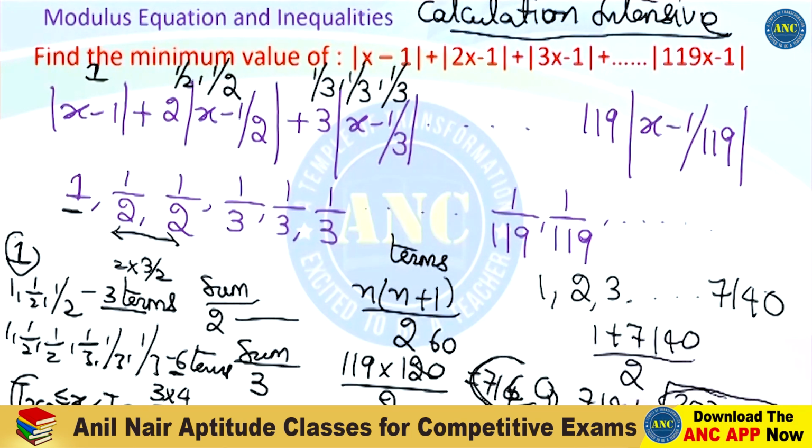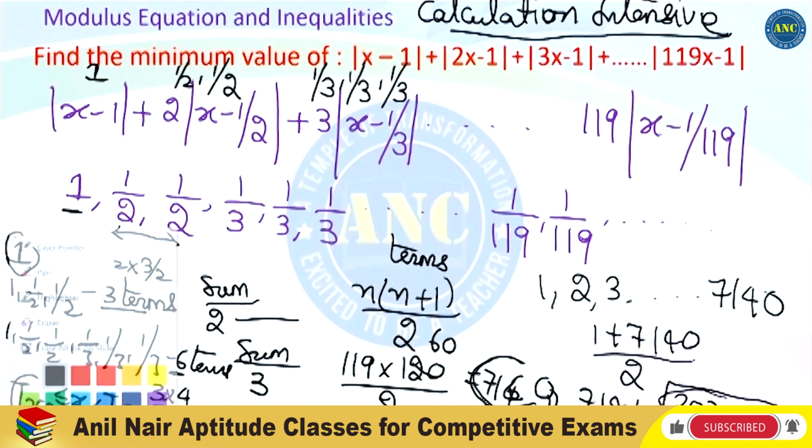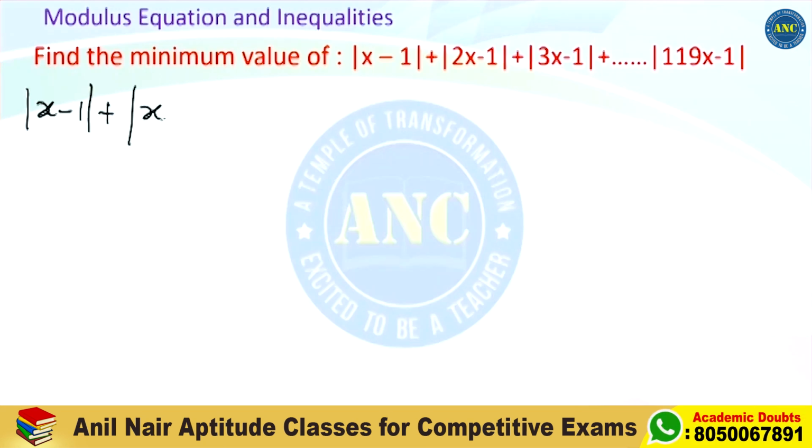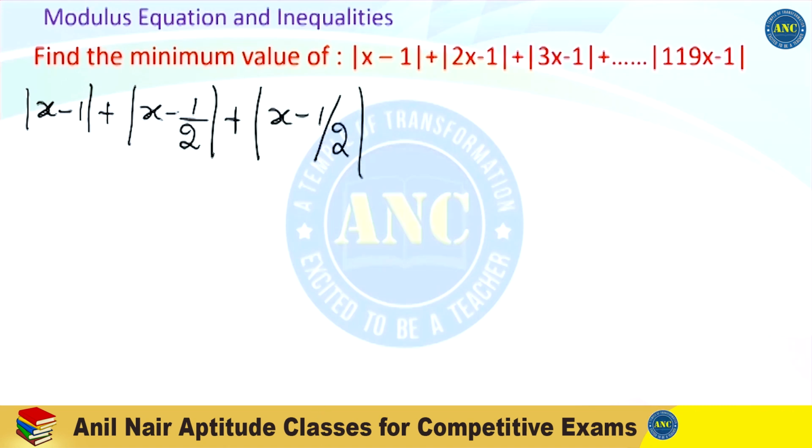The first term is 1, the second term is 1 by 2 written twice, the third term is mod of x minus 1 by 3 written thrice. That means this question is actually like this: mod of x minus 1, plus mod of x minus 1 by 2 plus mod of x minus 1 by 2. Are you with me?